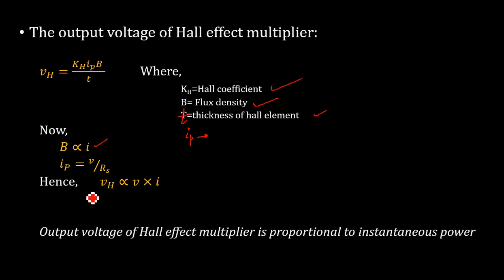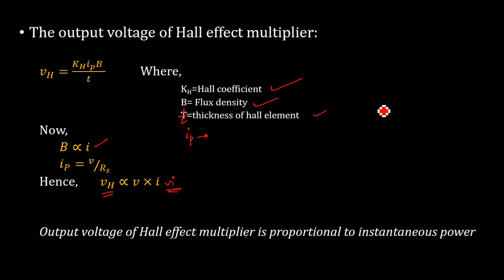Now in turn you can write that the Hall effect voltage VH is proportional to V into I, or VI, which is the instantaneous value of power consumed in that circuit. So the output voltage of the multiplier is proportional to the instantaneous power. If you know the voltage, you can say that an equivalent amount of power is flowing.